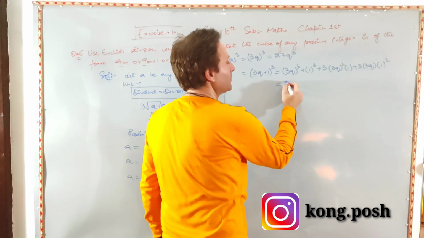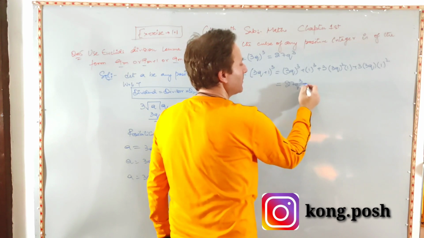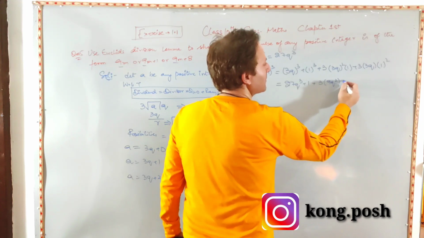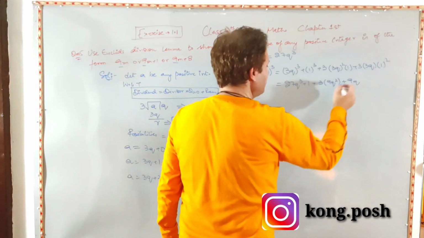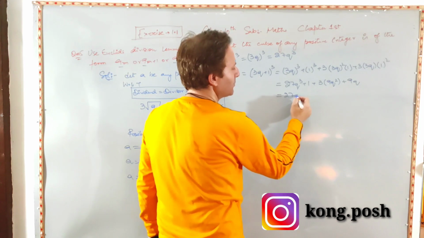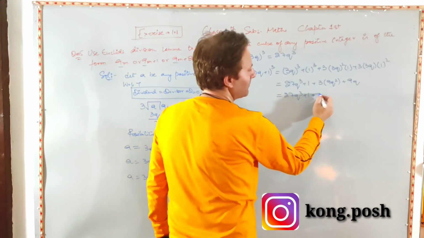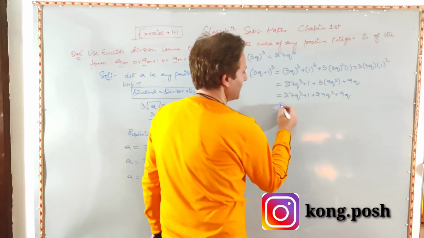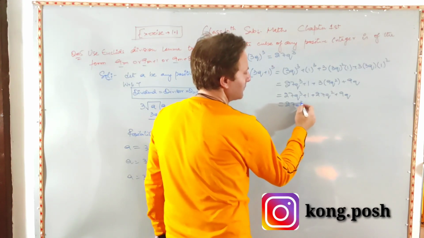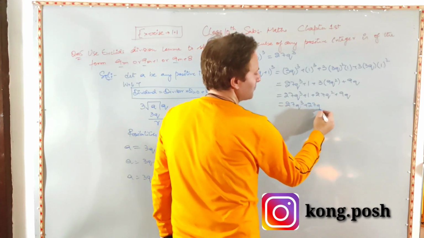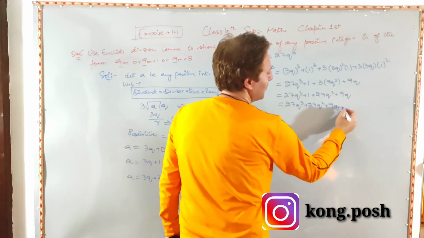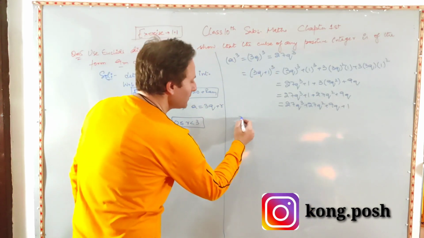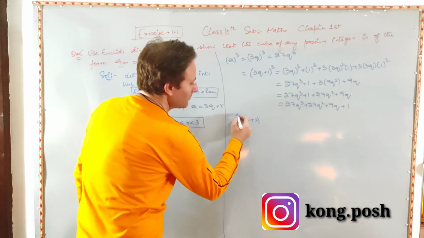What does that become? 27q cube plus 27q square plus 9q plus 1. Perfect. Now I have one more, which is 3q plus 2 cube.